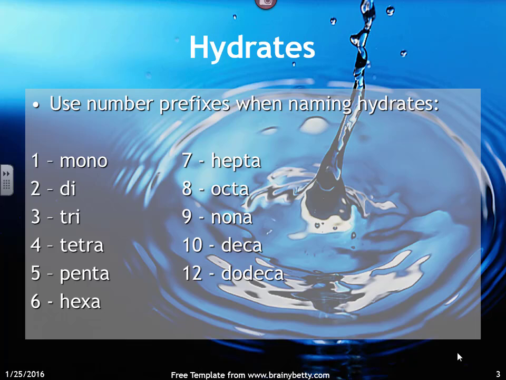Those you're probably used to. 4 is tetra. 5 is penta. 6 is hexa. 7 is hepta. 8 is octa. 9 is nona, kind of sounds like 9. 10 is deca, like a decade has 10 years. I skipped 11 because you really don't see it, oddly enough, so we don't need to know it. And then occasionally you will see 12, and 12 is dodeca.